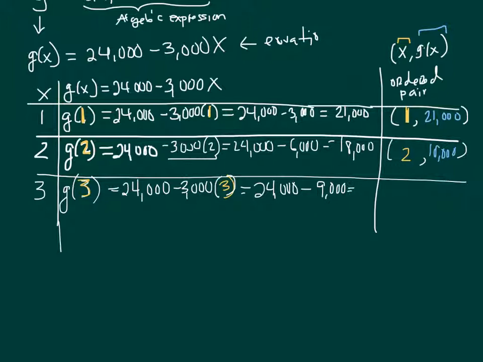Again, I'm running out of room, but that's 15,000. So what is my ordered pair? Well, after 3 years, the value of this car is $15,000.